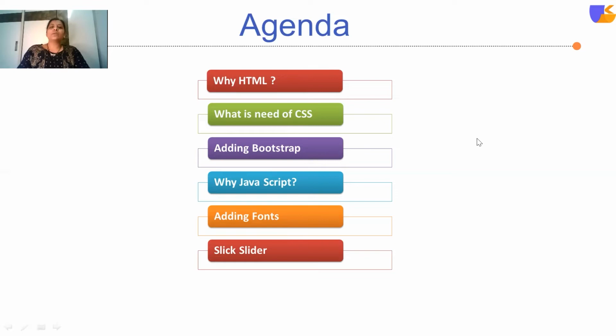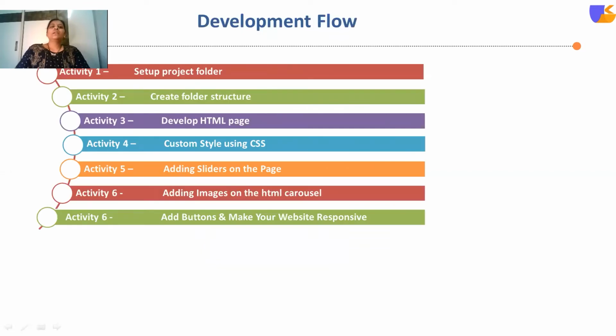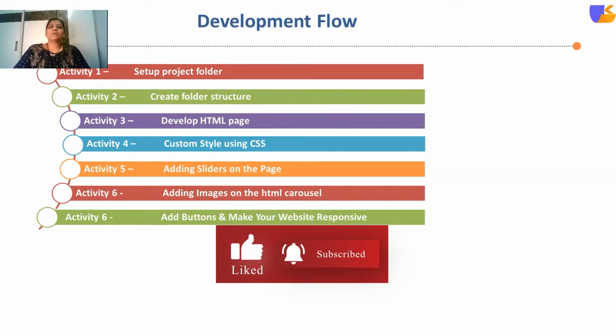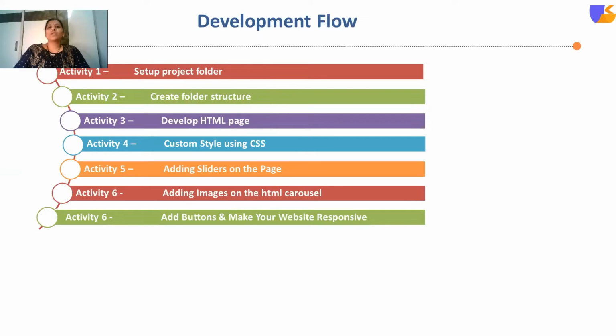So let's move and understand the very first thing for today's video, that is the development flow of any kind of website. So how you are working on the website development. The very first thing for any activity, any project development, is you have to set up a project folder.